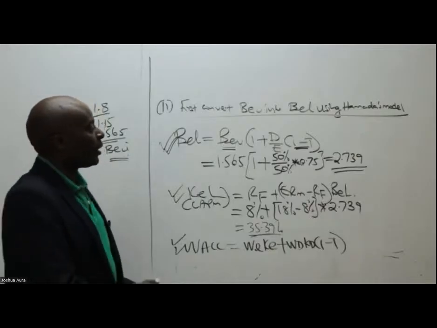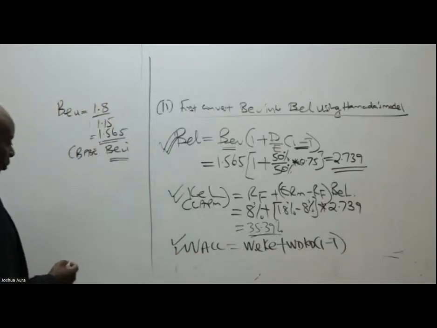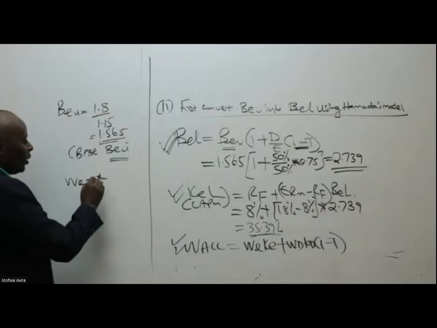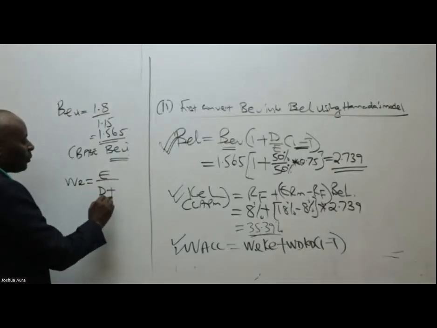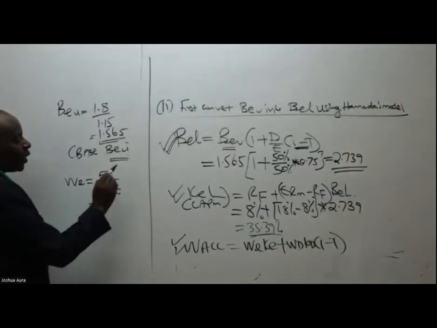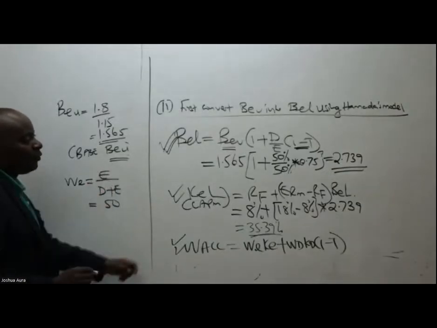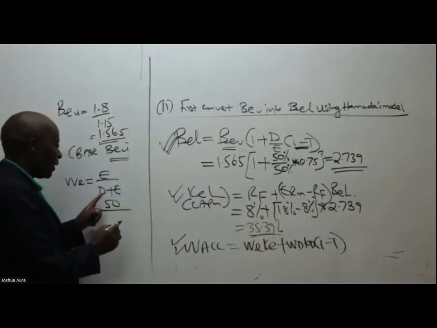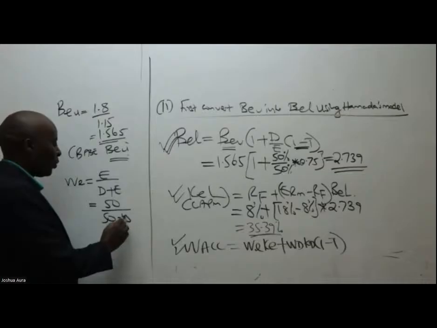So remember that the weight of equity really is 0.5. The weight of equity here will be the equity component over debt plus equity. So the equity component, you guys gave me 50. It's 50-50. All over debt itself, which is 50, plus equity, which is 50.